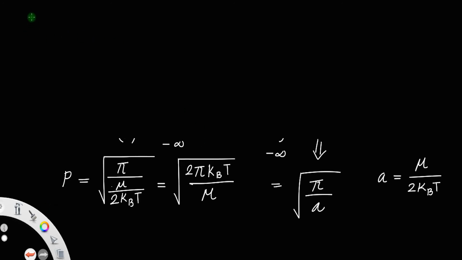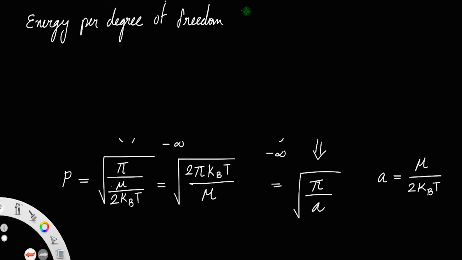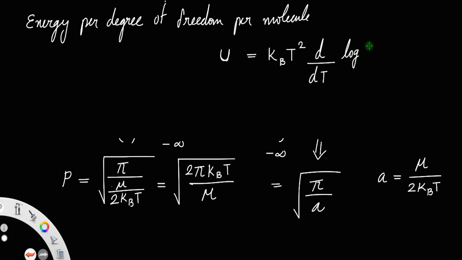Let's say the energy per degree of freedom per molecule, or the internal energy U, is equal to, we have the formula, Boltzmann's constant times the temperature square, derivative with respect to temperature of log of the partition function.